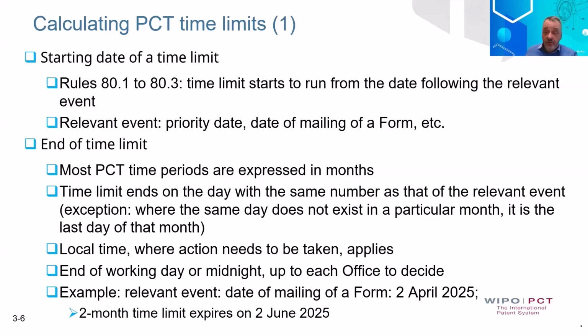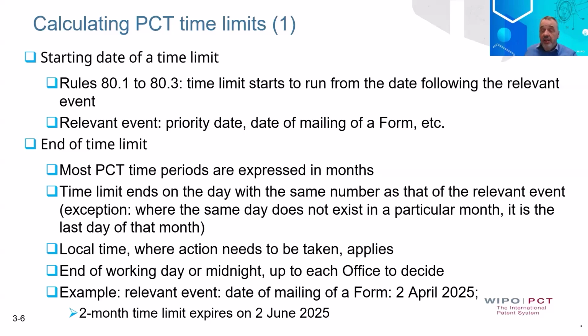So something needs to happen to the priority claim. It's disregarded for one reason or another. And then the rules basically say any time limit which hasn't yet expired at the time when this disregarding of the priority claim happens, or this change in the priority date, will be recalculated based on the new priority date.